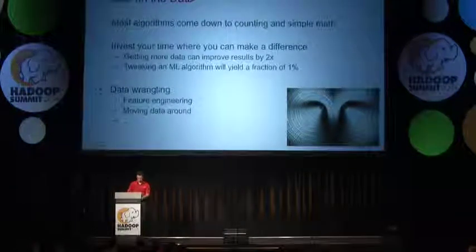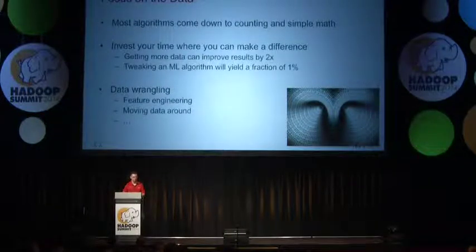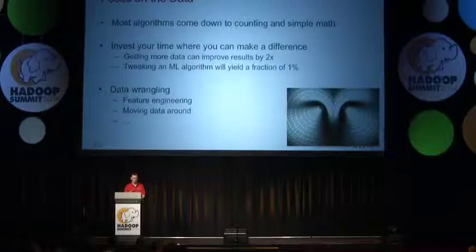So most of these algorithms, when it comes down to it, are really very simple math. I'm going to show you one example later on. Essentially matrix manipulation. It's really not much more than counting and some other simple math. And getting more data, as you can imagine, can really improve your results, factor 2x or whatever, while tweaking the machine learning algorithms might only yield a tiny percentage improvement there.